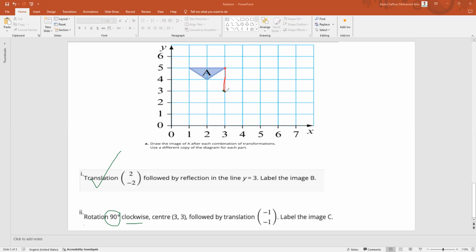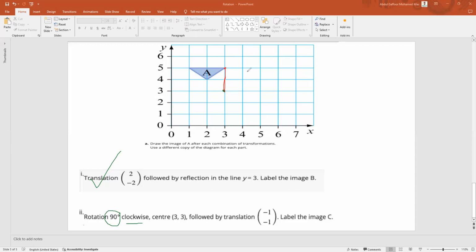And if I rotate the object 90 degrees clockwise, this point will rotate, and this point will rotate, and this point will rotate. If this point is rotating clockwise 90 degrees, then the distance between the point and the center of rotation shouldn't change.